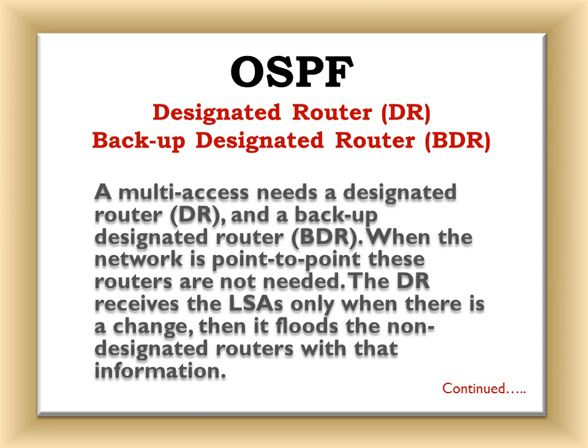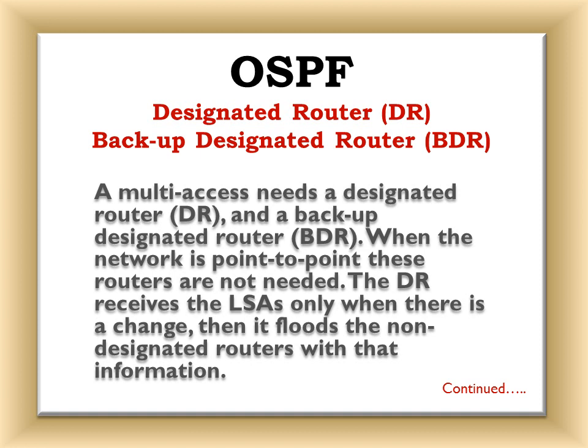And the next thing that we'd like to discuss is the designated router and the backup designated router. The acronym for the designated router is DR, and the acronym for the backup designated router is BDR. A multi-access network needs a designated router, a DR, and a backup designated router, BDR.